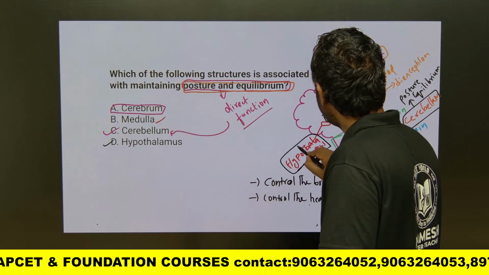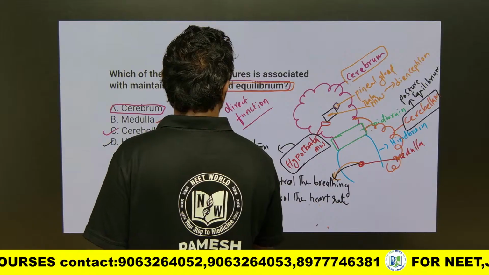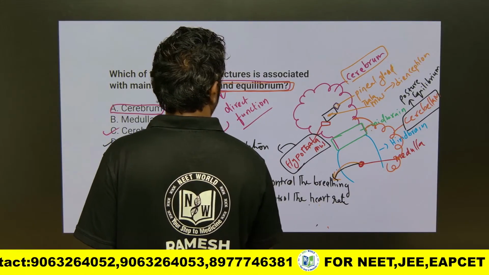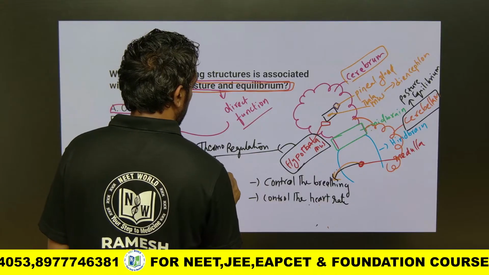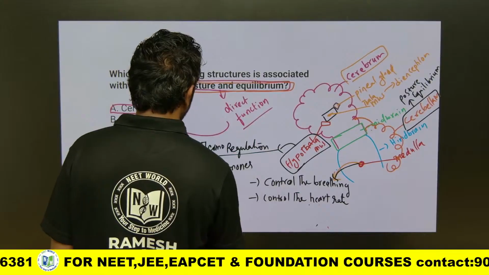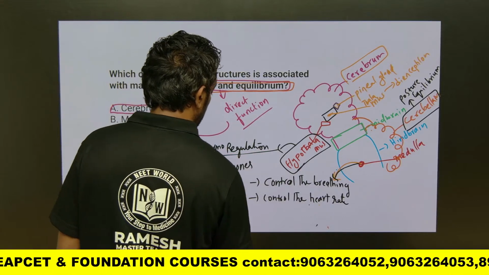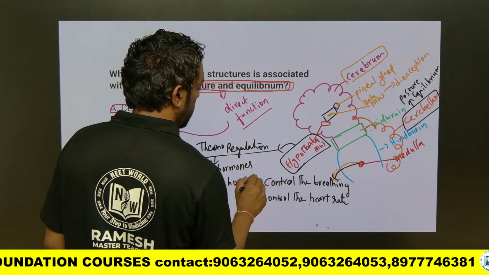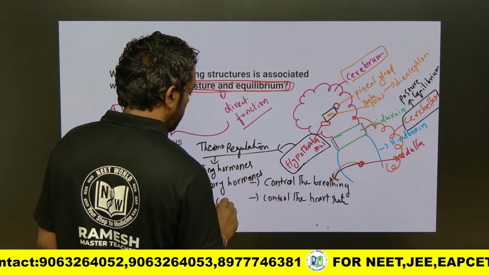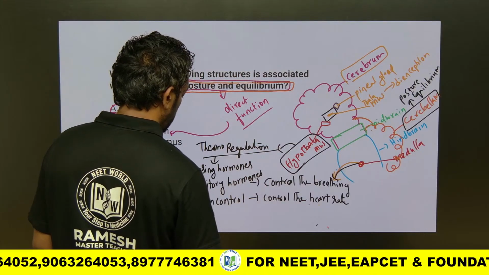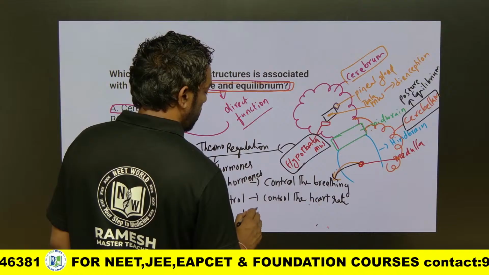What about the hypothalamus? Hypothalamus regulates the temperature and all, thermoregulation, and releasing hormones, inhibitory hormones they can release, and they control the pituitary gland.